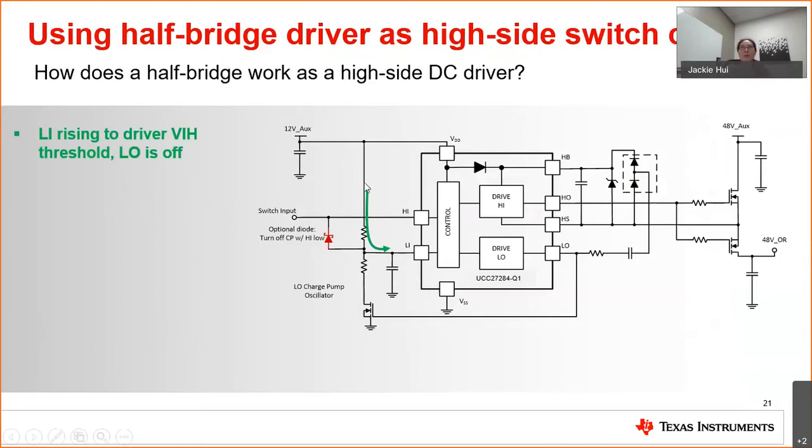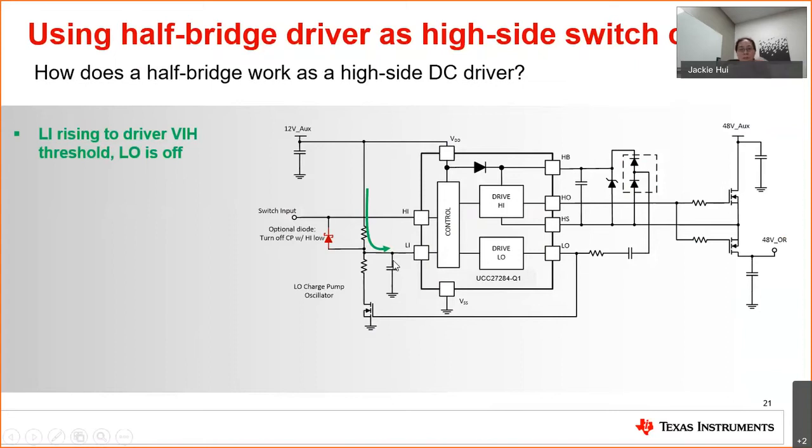First of all, you will see there is this resistor and a cap. The resistor and cap basically form an RC connected to VDD. When you start, there is a current charging up this RC cap and slowly increasing the LI, which is the low side input.